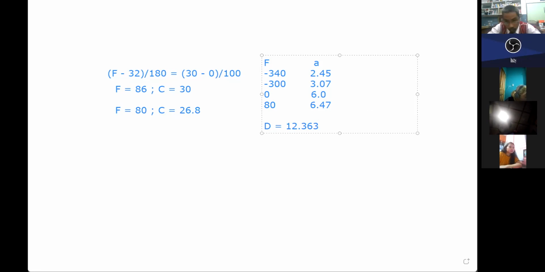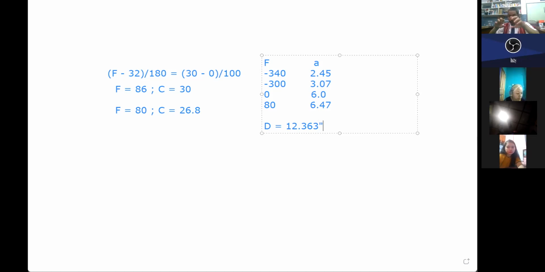Okay, 12.363 is the actual. The target diameter would be, for example, 12. 12 inches is the target diameter.